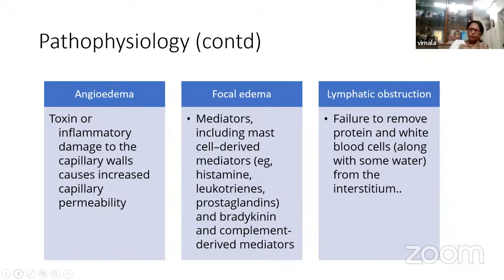There is a toxin or inflammatory mediator released, which produces damage to the capillary walls. So normally the capillary walls, which are not permeable to fluid to a large extent, develop increased permeability and the fluid transudes into the interstitium. So it can produce edema of the eyelids, it can produce difficulty in swallowing, and if not treated, the fatal complication that can occur is laryngeal edema, stridor, and sudden respiratory arrest.